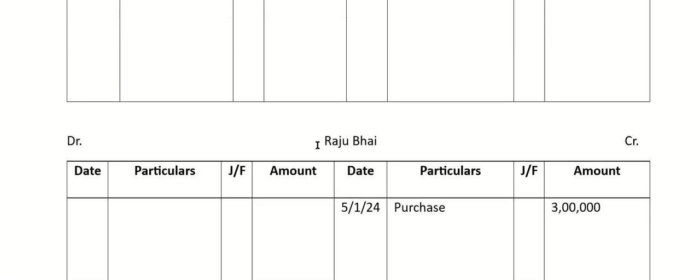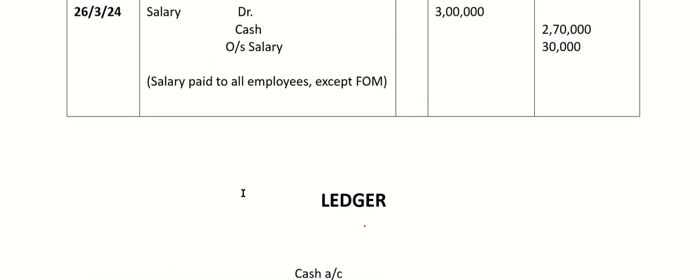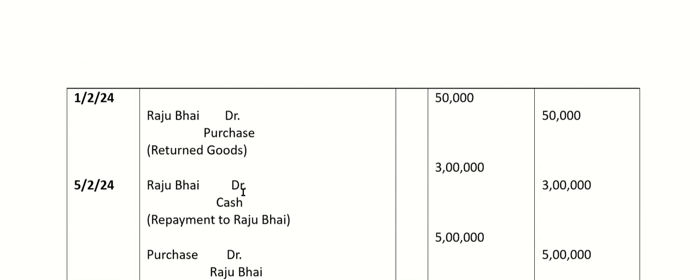The journal entry was Raju account debited to purchases. Here we will write purchase. It happened on the first day of the next month, that is 1/2/24. And the amount was 50,000. I think we can do it, don't worry. Here we go.